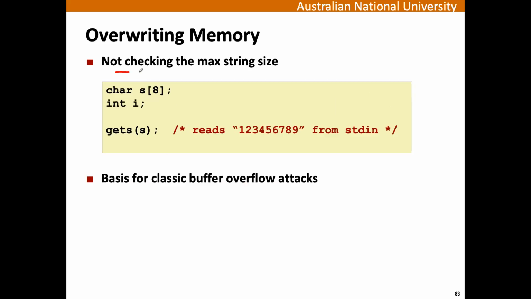This is an example of not checking the size, and this is a stepping stone for buffer overflow attacks, which Alvin will teach you if you do software security. So if you have an 8 byte character array on the stack, and then you're calling gets, the user can type anything, and then your stack pointer will point somewhere you don't know.